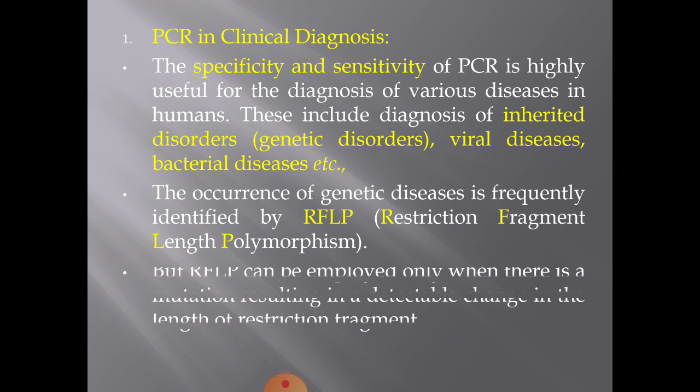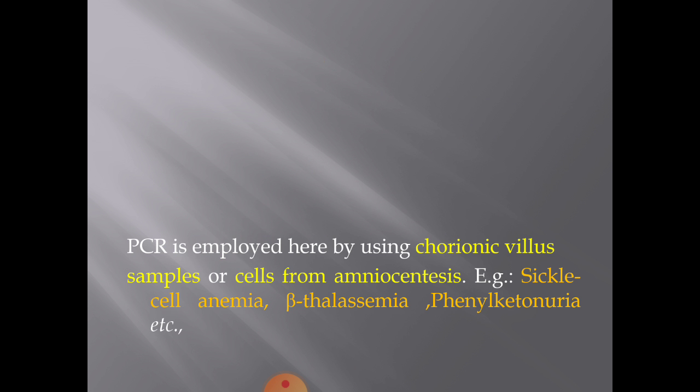But RFLP can be employed only when there is a mutation resulting in a detectable change in the length of the restriction fragment. So, if that mutation doesn't result in a noticeable change in the length of the restriction fragment, then RFLP cannot be employed for diagnosis of genetic diseases.